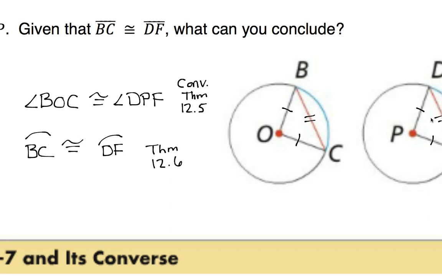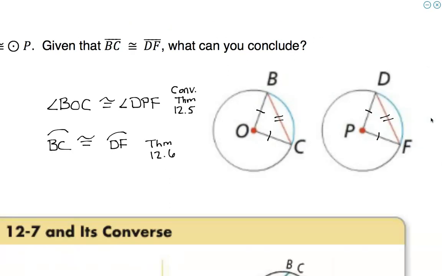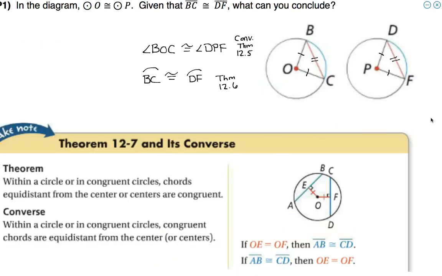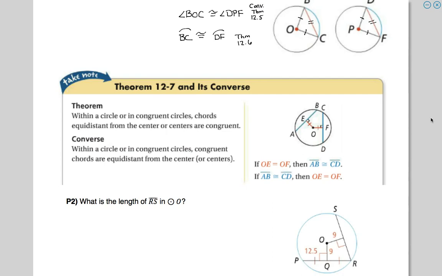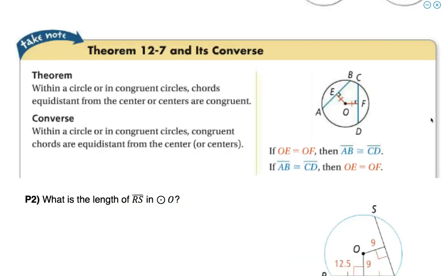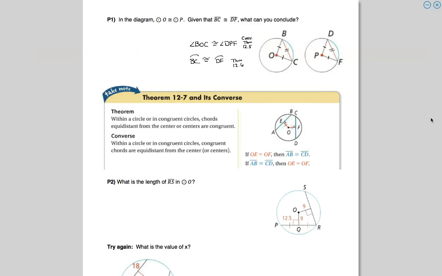Just zoom out there, let you guys take a look at that. And then we have another theorem, theorem 12.7. It says within a circle or congruent circles, just like we had above.